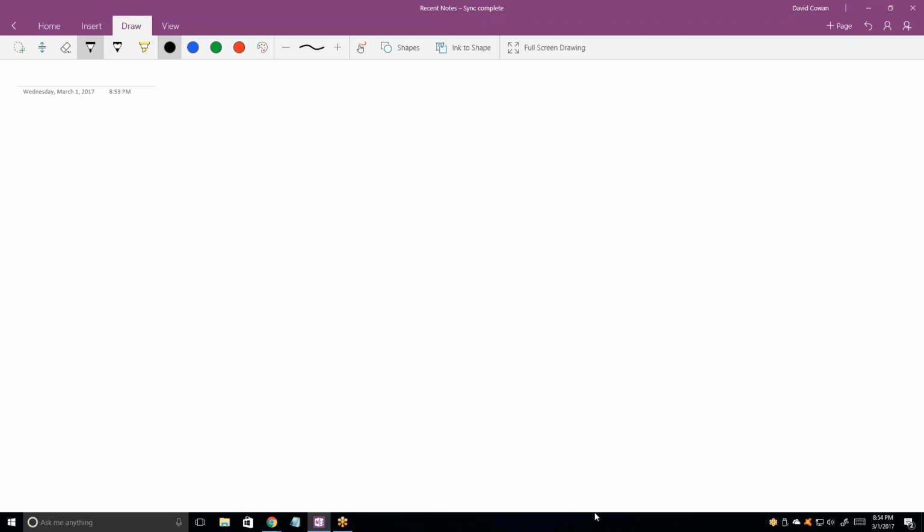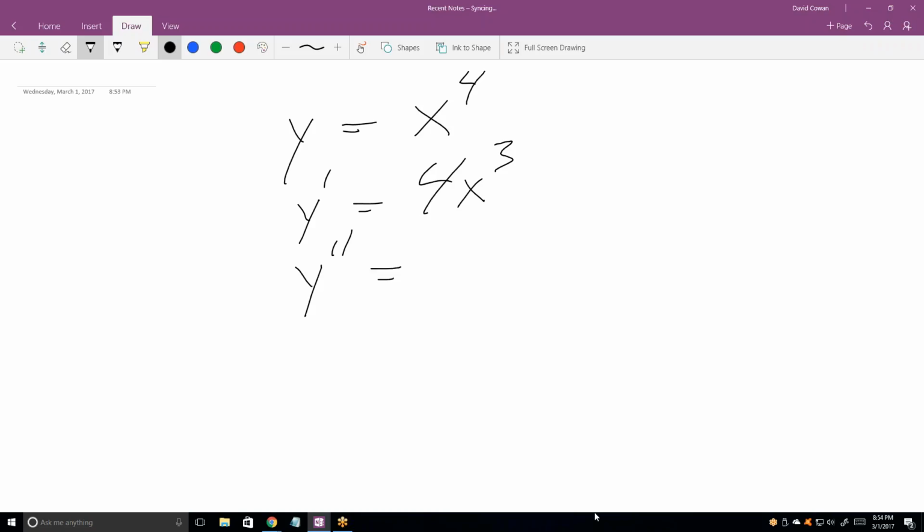Second derivative is super easy. Second derivative is the first derivative of the first derivative. So if I had x to the 4th as my function, then y prime is 4x to the 3rd. What's y double prime? It's 12x to the 2nd.